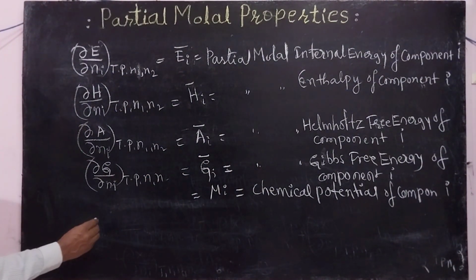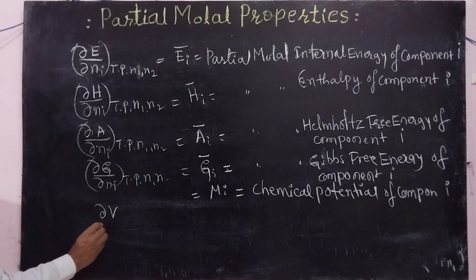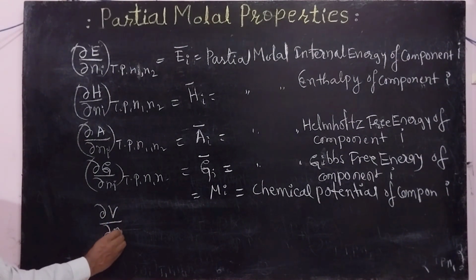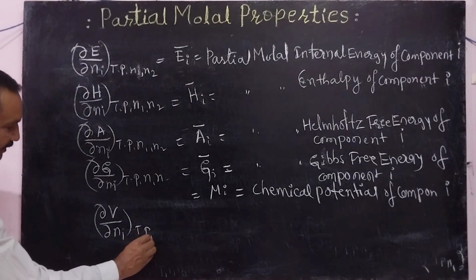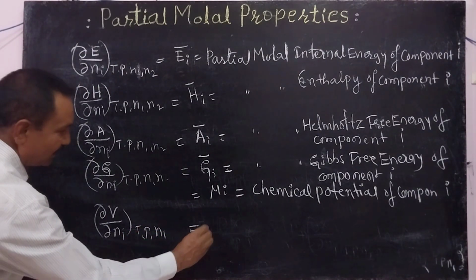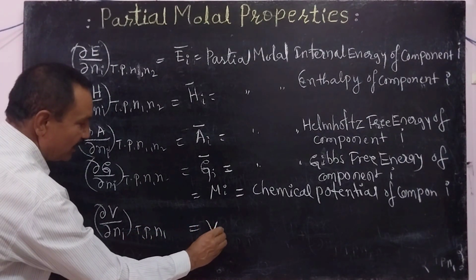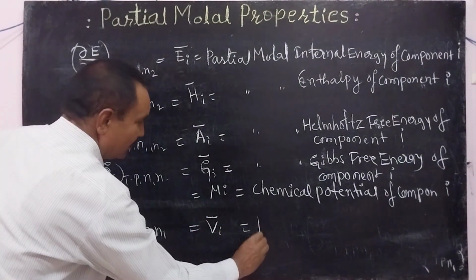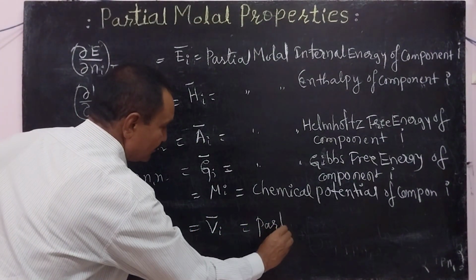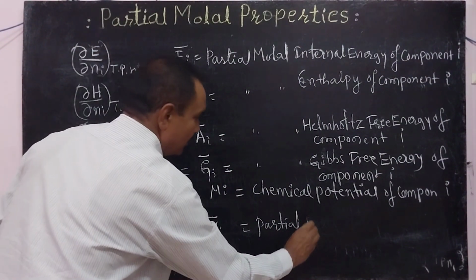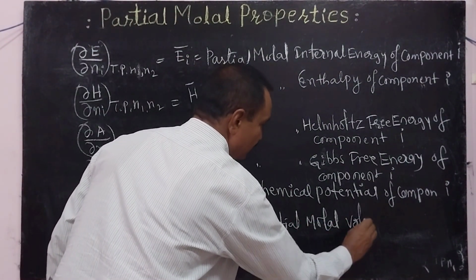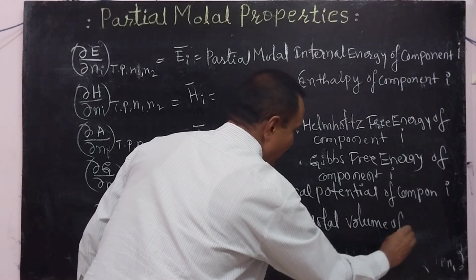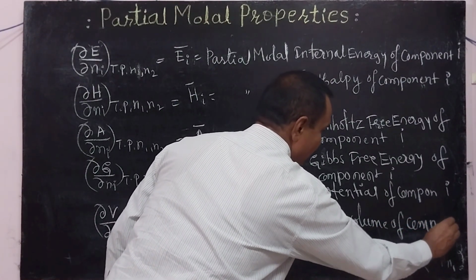Then similarly, we can use dou V divided by dou Ni at constant temperature, pressure, N1, etc. This is represented as Vi bar, the partial molar volume of component i.